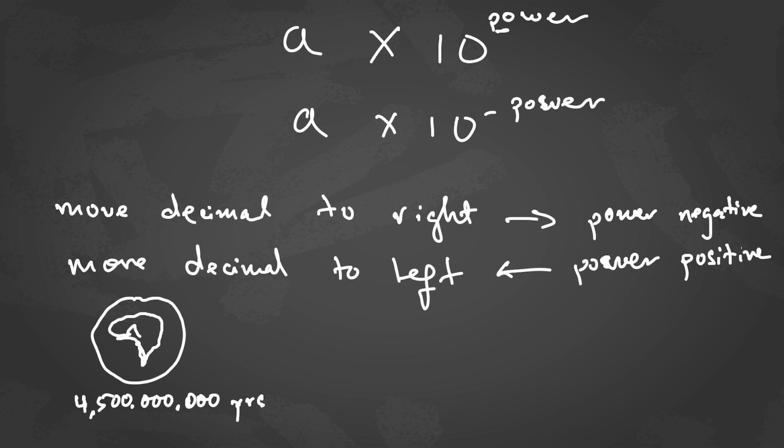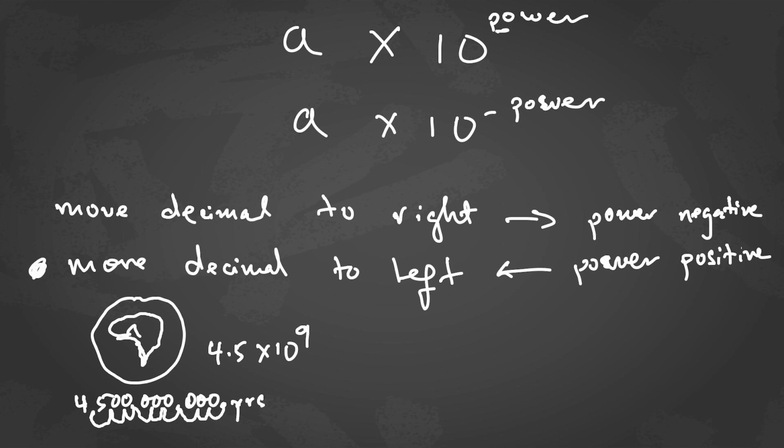So when we're trying to write this in standard form, we know that our decimal is going to be all the way at the end. In this case, I'm going to move the decimal to the left. So I'm going to move it 1, 2, 3, 4, 5, 6, 7, 8, 9. Therefore, I'm going to rewrite this number as 4.5 times 10 to the 9th power. I know that my power is positive because I've moved it to the left based on this rule over here, right?